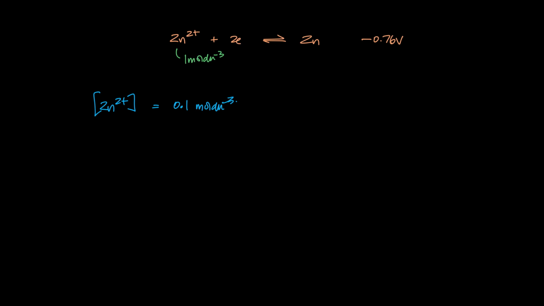So when the zinc ion concentration is less than 1, the equilibrium shifts left, and the E, when it shifts left, becomes more negative.